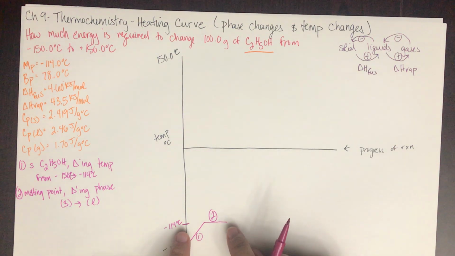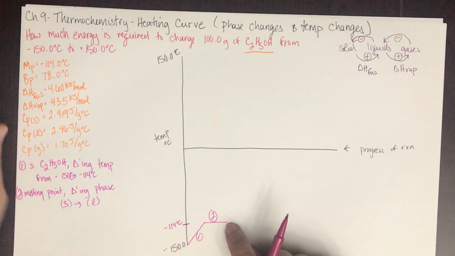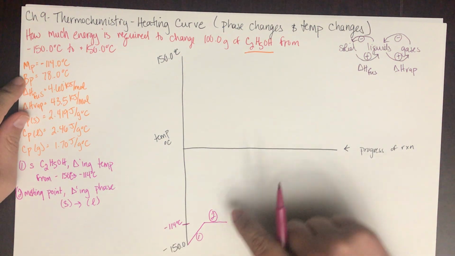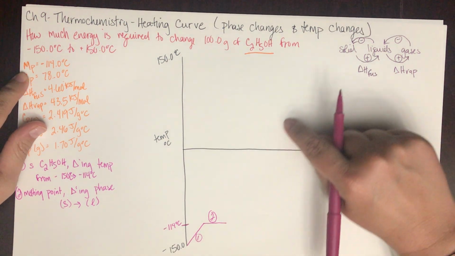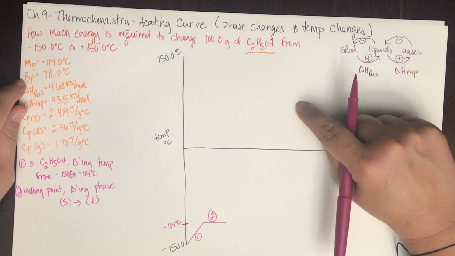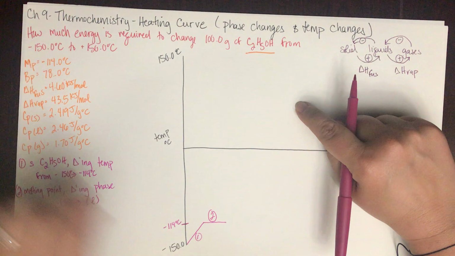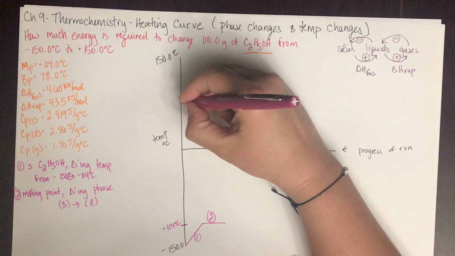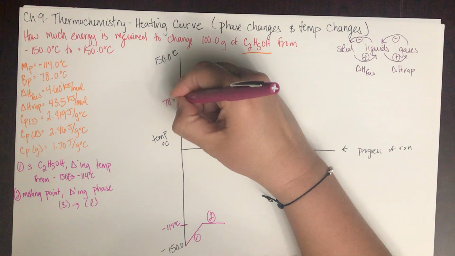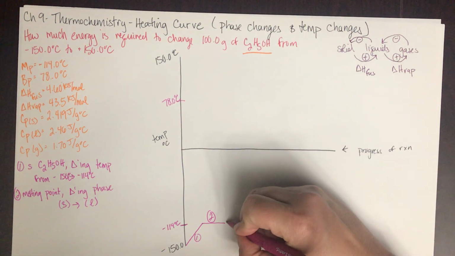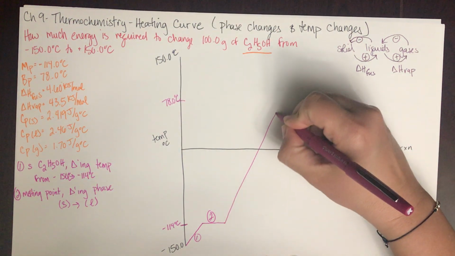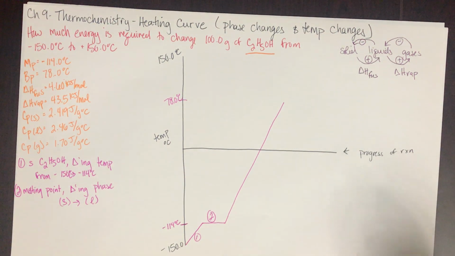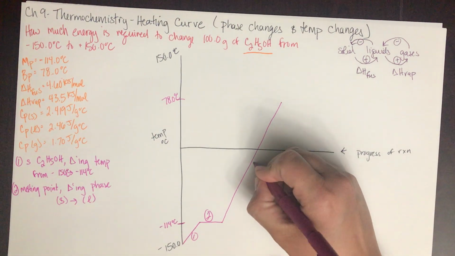So now we're at negative 114 degrees Celsius. The next thing that's going to happen is we're going to increase the temperature of this ethanol until we reach the boiling point. So we're going to go all the way up to 78 degrees Celsius. We'll say this is 78. So we're going to call this step 3.